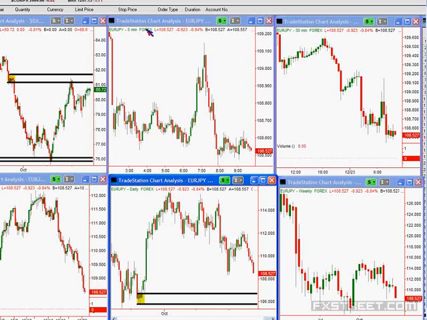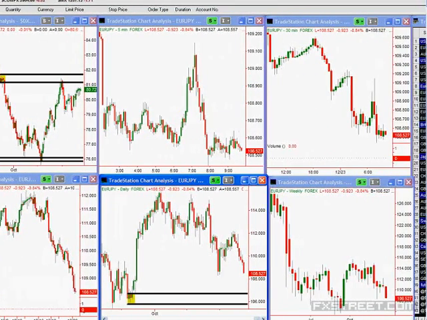Okay, so let's see if we can find an area to sell short at for a potential move down to that level. It looks like it's focused on that 109.20, but price has already been back to the level. It's hard to find a fresh level here, but let's see.